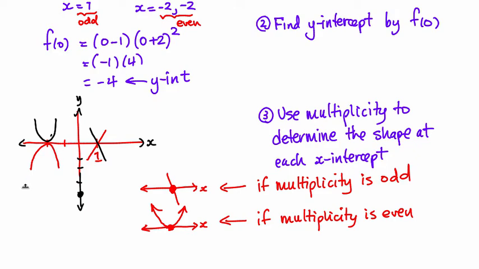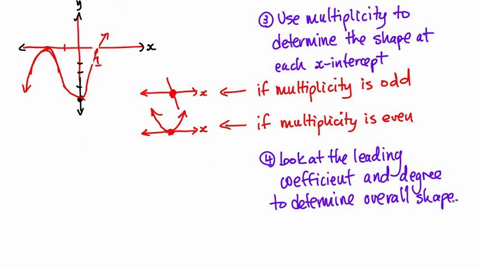So that gives me a bit of a clue that it is actually this red graph, and I guess it goes down here and then it comes back up like this. So I get some more information when I start to put these things together, that it might look a lot more like this red graph. Let's keep moving on and see what the next few steps help us determine. Well, last day we took a look at how the leading coefficient and the degree helped us determine the overall shape.